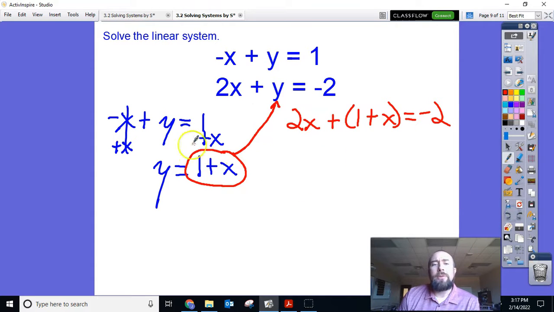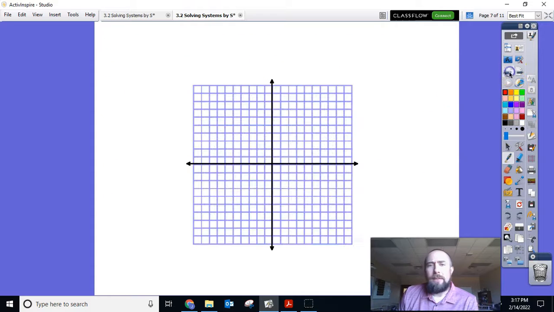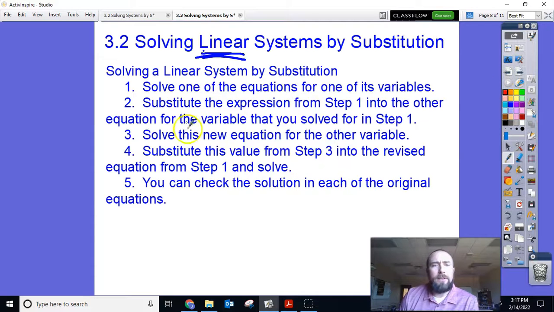You always make sure you plug it into the other equation that you did not solve in step 1. So if you look at the steps, it says that right here: substitute the expression from step 1 into the other equation for the variable that you solved for in step 1. Step number 3 says solve this new equation for the other variable.